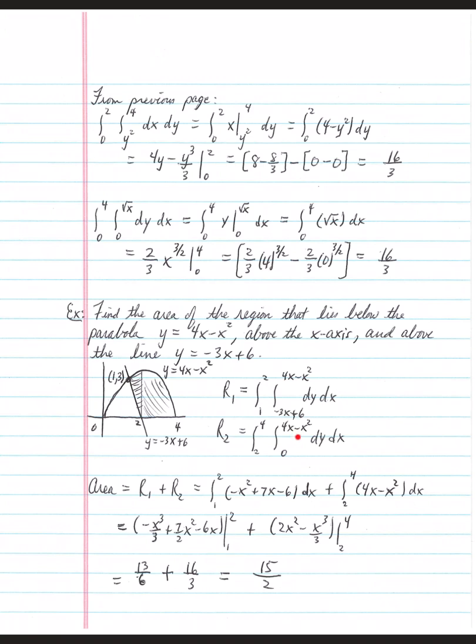Then on the R2 integral, working the inside, the antiderivative is also y. Evaluated at 4x minus x squared, minus evaluated at 0, so that's 4x minus x squared. Back to the first integral.